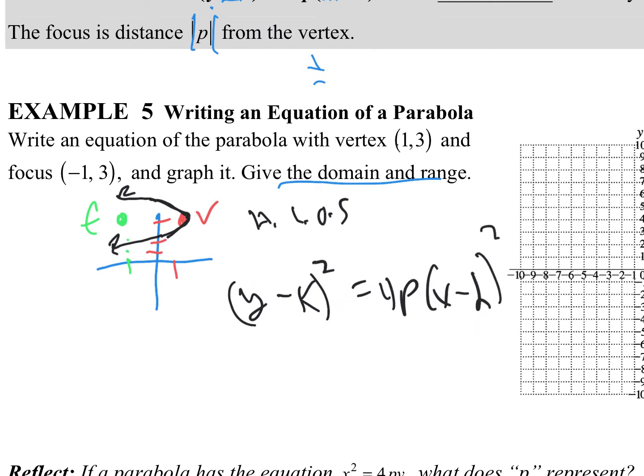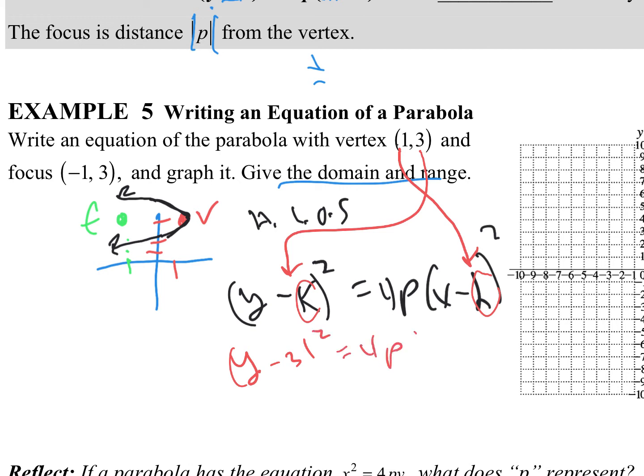So this is my h and this is my k. There's no minus in front. So far I have y minus 3 squared equals 4p times x minus 1.